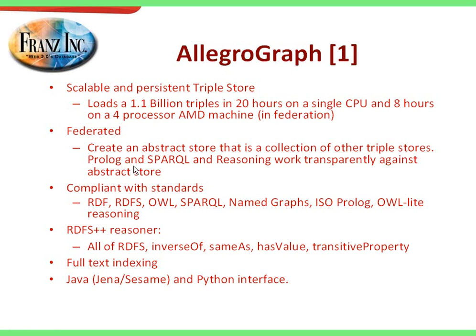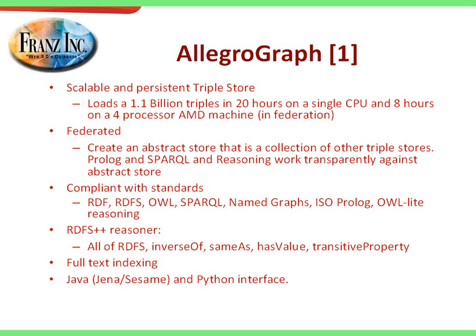Some features of AllegroGraph. We are a very scalable and of course a persistent triple store. We load 1.1 billion triples in 20 hours on a single CPU machine and 8 hours on a 4-processor AMD machine. If we do that, then we load the data in 4 streams in federation.